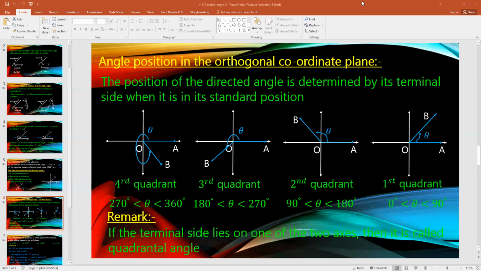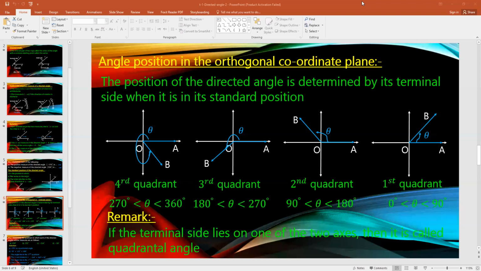In this lesson we explained the directed angle, and I said a directed angle is an angle written as an ordered pair of the two rays or the two sides of the angle, and the common starting point is called the vertex.